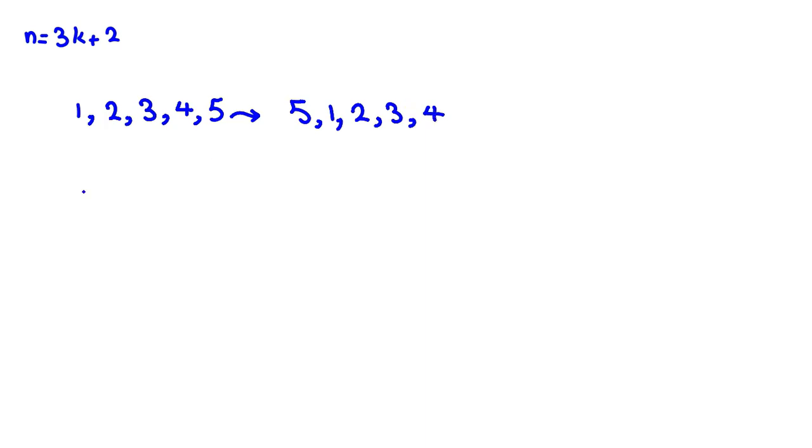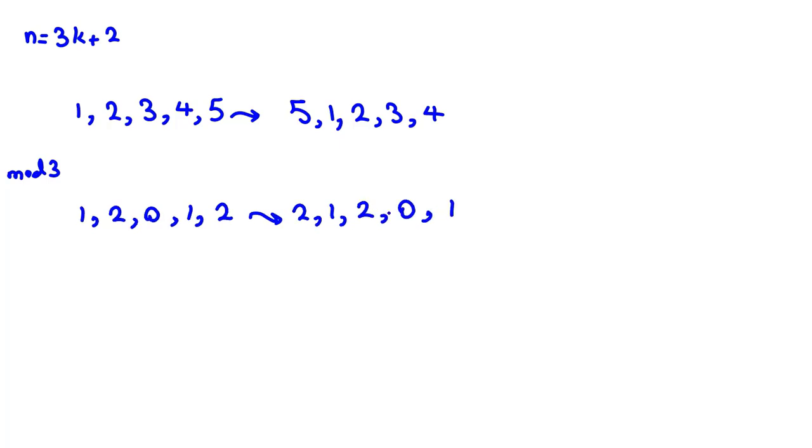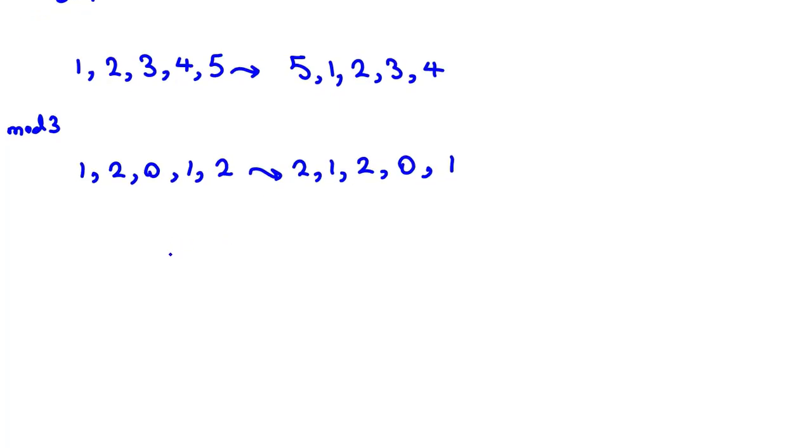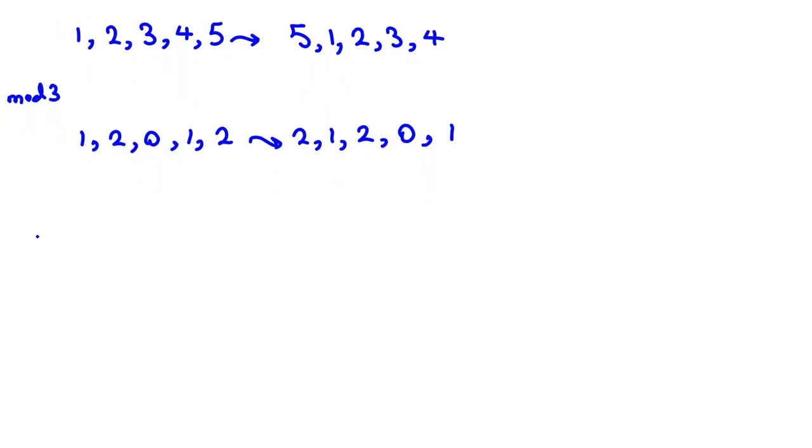If we consider mod 3, the first arrangement is 1, 2, 0, 1, 2, and we want to reach 2, 1, 2, 0, 1. Okay? It is impossible. So the first rule was that you consider, for example, 3 elements. We want to say also it is not possible to reach from this arrangement to this arrangement.